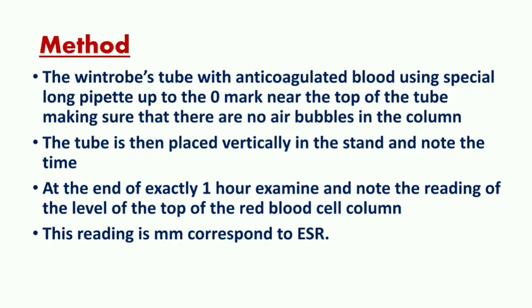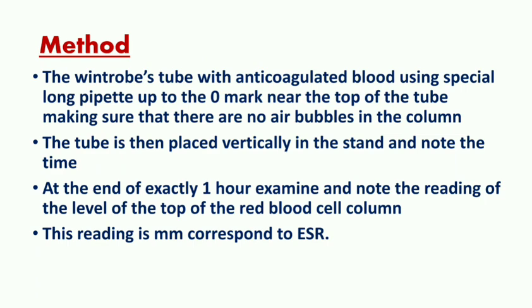Next, the method or procedure to do ESR using the Wintrobe tube. The Wintrobe tube is filled with the anticoagulated blood, usually using a special long pipette, up to the 0 mark near the top of the tube, making sure that there is no air bubble in the column. The tube is then placed vertically in the stand and the time is noted.